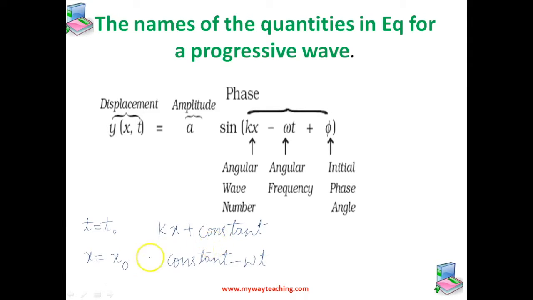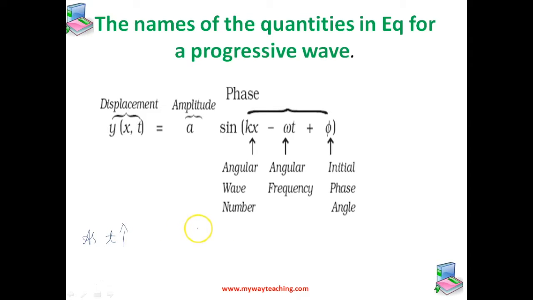So finally, as t increases, x must increase in the positive direction to keep kx - ωt + φ constant.